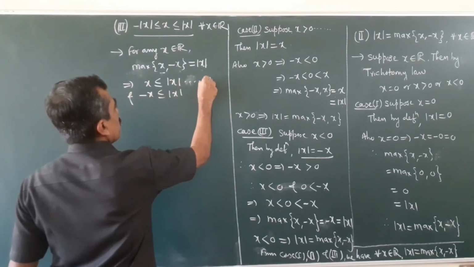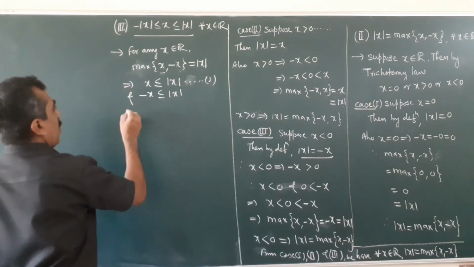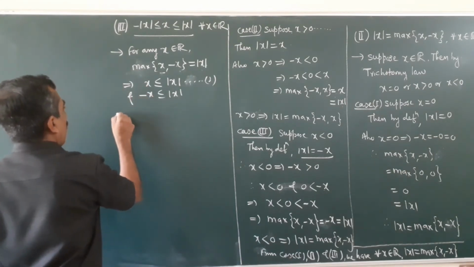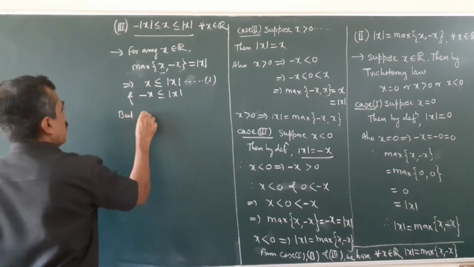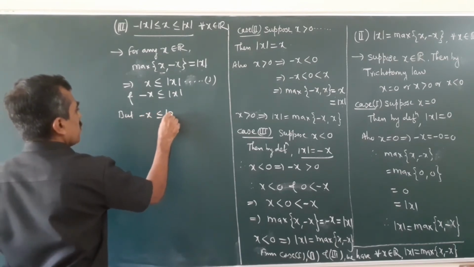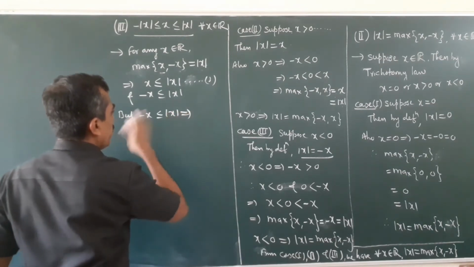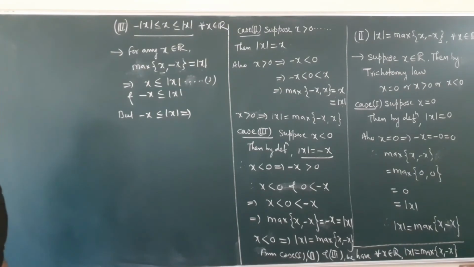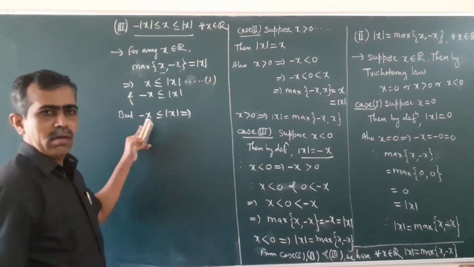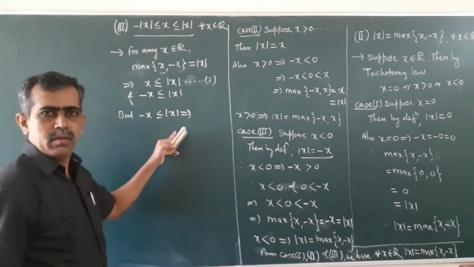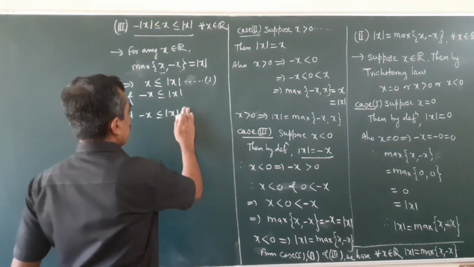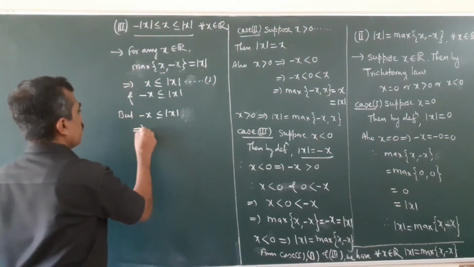I will call this number 1. Now see here, minus x less than or equal to mod x implies I will multiply both sides by minus 1.